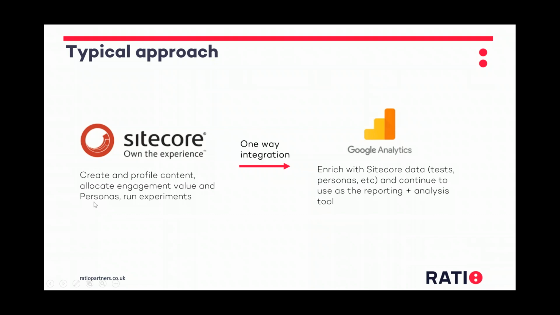It's still what you're using to define who your user personas are and to run experiments. But then take all this information and actually find a way to push it into Google Analytics. In that way, it can provide some even richer context to the data that you have sitting there in Google Analytics, so that when you go to create a segment in Google Analytics, you can now tap into not just information that Google Analytics picks up, but also information that was previously stored within Sitecore.